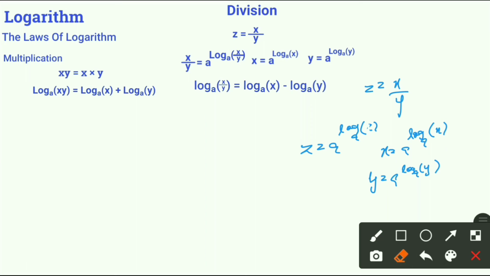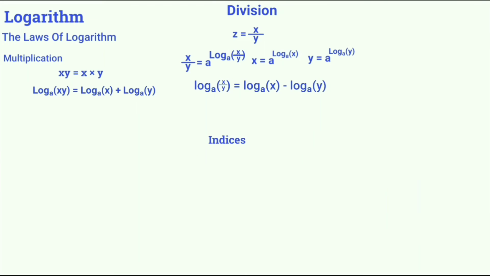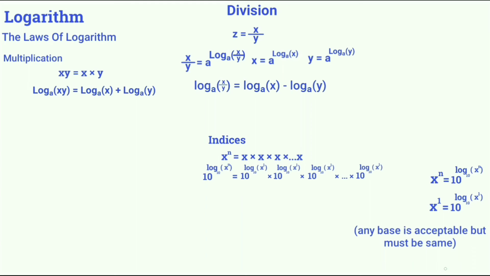Whenever there's a division between, let's say, a to the power m upon a to the power n, we know that their powers will subtract, and this is exactly what's happening here. Indices: any base is acceptable, but it must be the same.